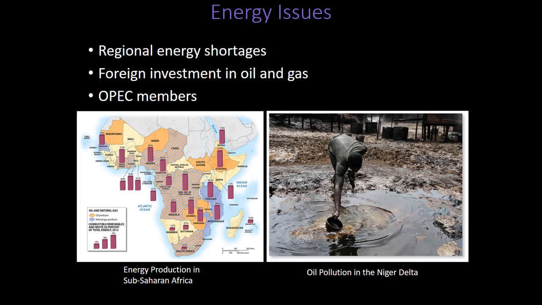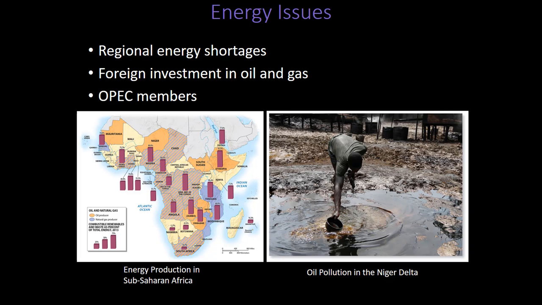Some of the other environmental issues: energy shortages are a major issue. If you think about how we get our energy, and again, there is a lot of water scarcity in some regions of this world. You can see here energy production. A lot of the energy is coming from natural gas and oil producing. There are a couple of countries that have large supplies of oil.